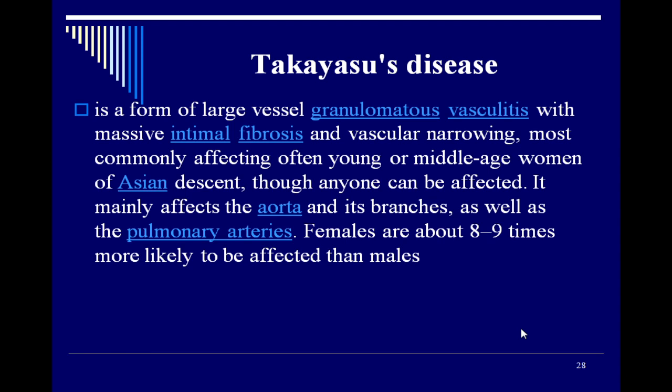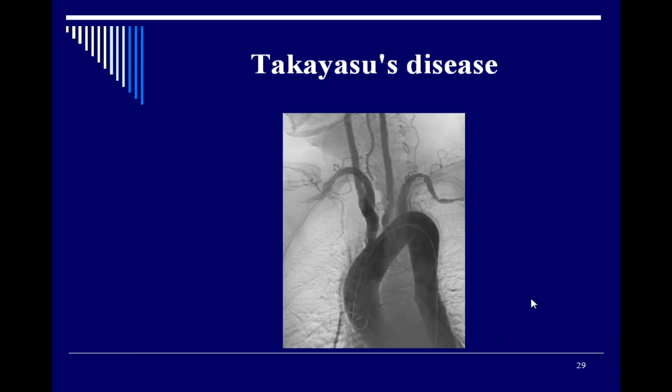It mainly affects the aorta and its branches, as well as the pulmonary arteries. Females are about 8-9 times more likely to be affected than males. And here you can see angiography with Takayasu disease.